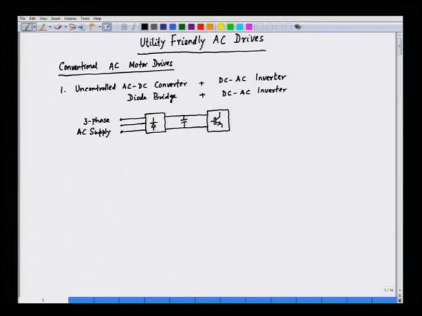So, on the input side, what we have here is the three phase AC supply, then we have the AC to DC converter, this is uncontrolled, and then we have the motor which is connected at the output, and this is the AC motor, and this is the DC to AC inverter.